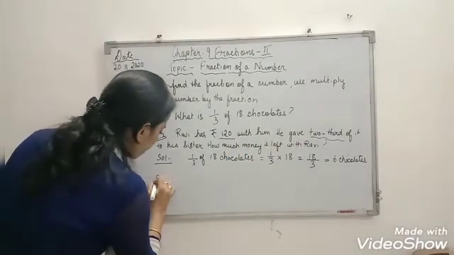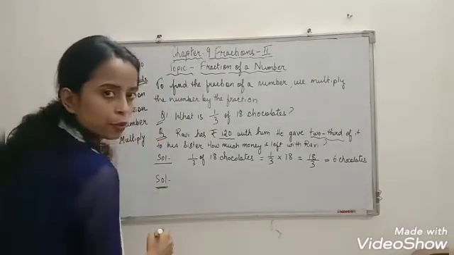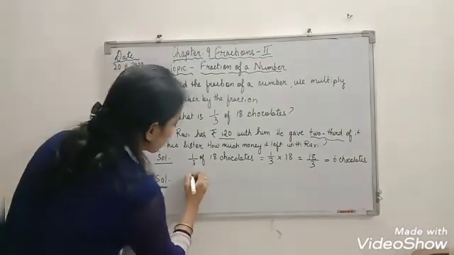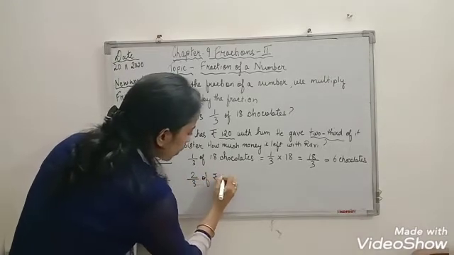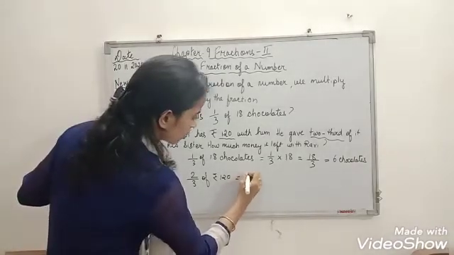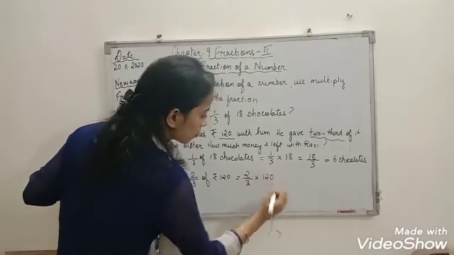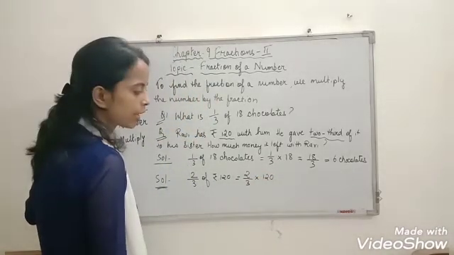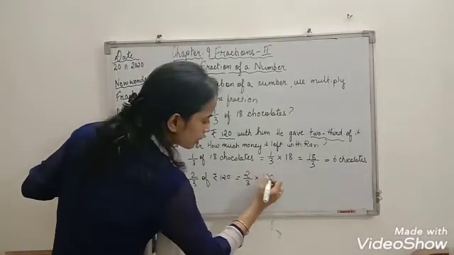So, how are you going to find out? Children, we have to find out 2/3 of rupees 120. So 2/3 into 120. Just multiply the numerator and the number.